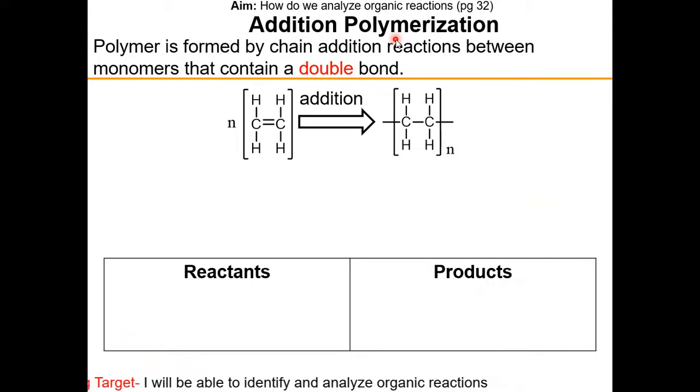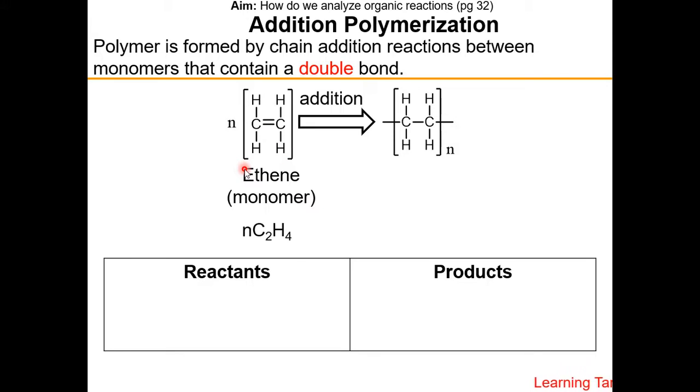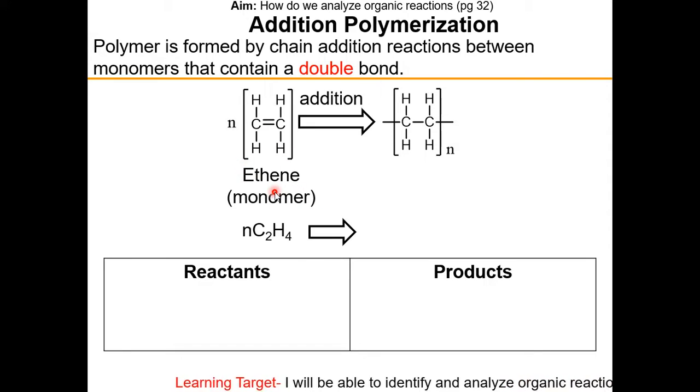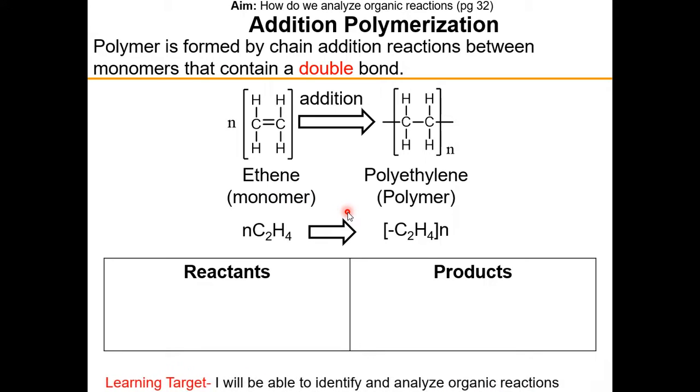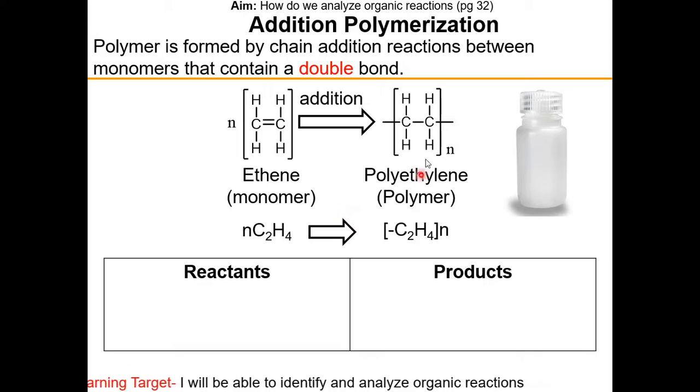In addition polymerization, the polymer is formed by chain addition reactions between monomers that contain a double bond. If we look at this example, this monomer is ethene. It has a double bond. When ethene undergoes addition polymerization, it forms polyethylene, which is the polymer. Notice that the double bond is gone now.